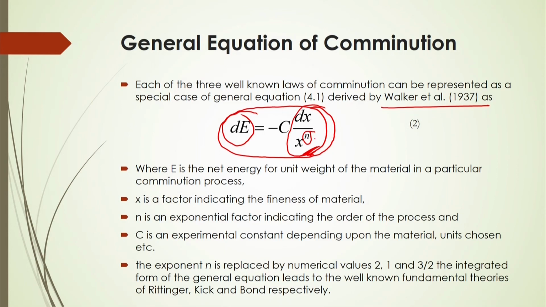So, if you replace this n by 2, that will be as per the equation of Rittinger's theory, and if you substitute the value of 1, then it will be simple Kick's theory, and if you substitute n equal to 3 by 2, it can be referred to as Bond theory.